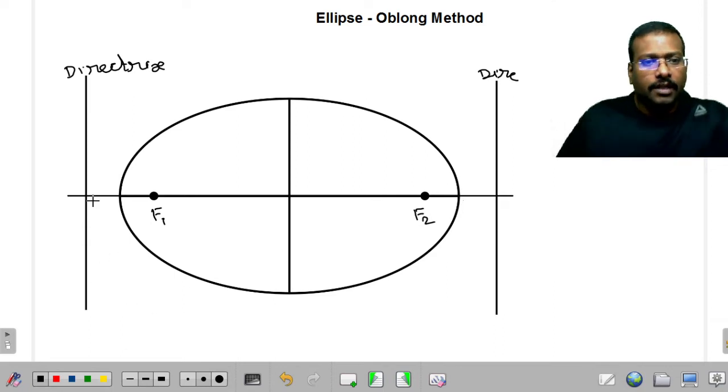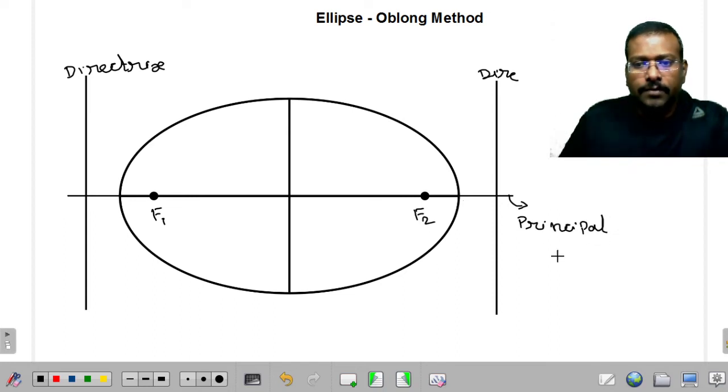Now the line which is perpendicular to the directrix and passing through the fixed points is considered as the principal axis.